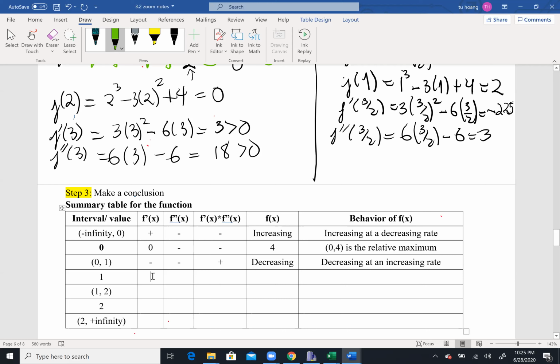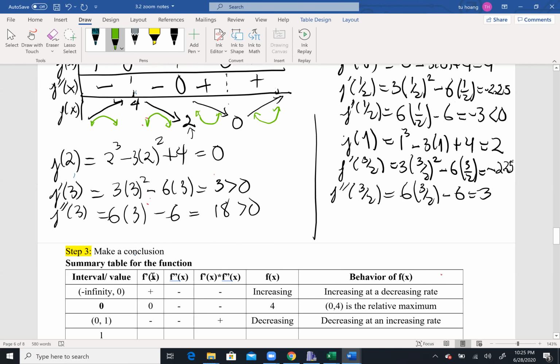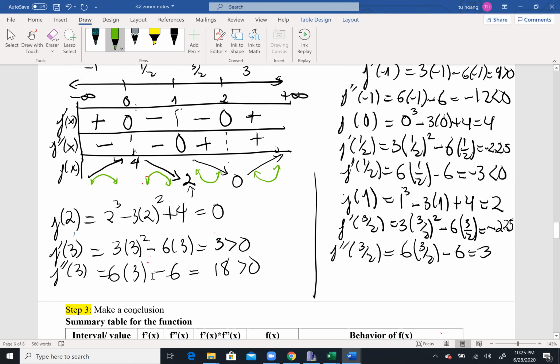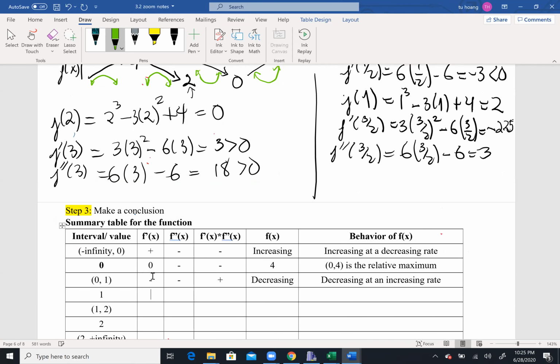Okay, so at the value of 1 here, you know that f'(x) has to be negative. You don't have to put this value because I don't care about that. But for the second derivative of f, yes, it's 0. And the product has to be 0. Why did I forget that? The f(x) has to be, for 1, you have 2.